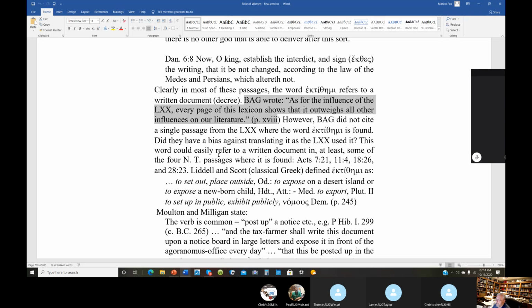But guess what? Bauer, Gingrich and Thayer don't even reference the Septuagint. They don't give a reference to it at all. They don't cite a single passage from the Septuagint where it's found. But they admit that it outweighs what they say. That amazes me. I think they had bias when they translate.